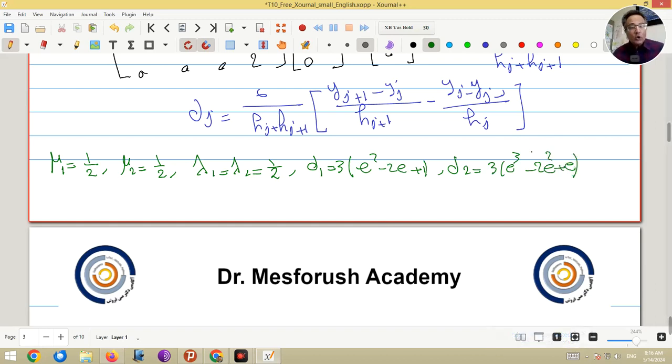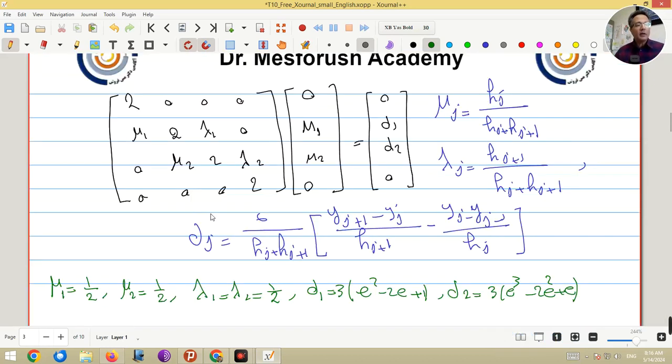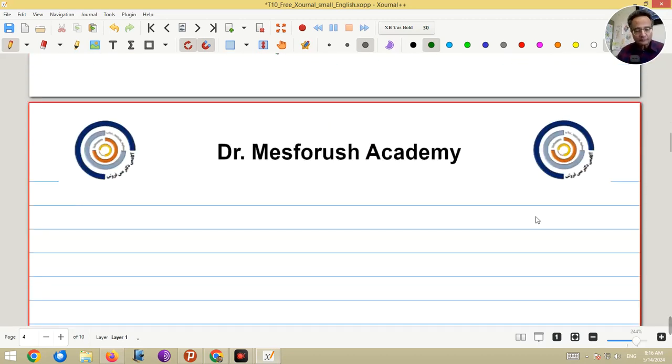Now you have to put all of these numbers in the coefficient matrix and in the right hand side vector. So you can find a system like this. Two, 0, 0, 0; half, 2, half, 0; 0, half, 2, half; 0, 0, 0, 2.